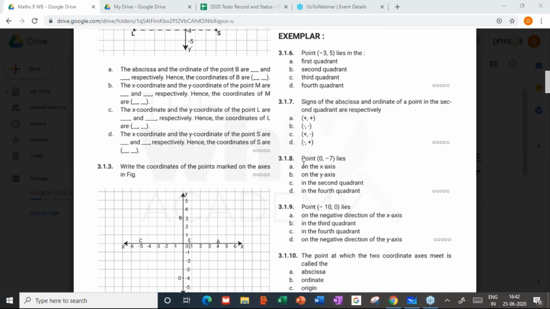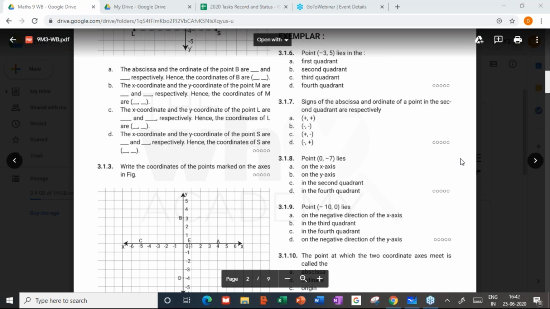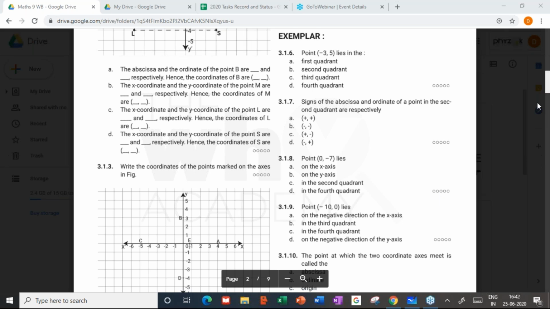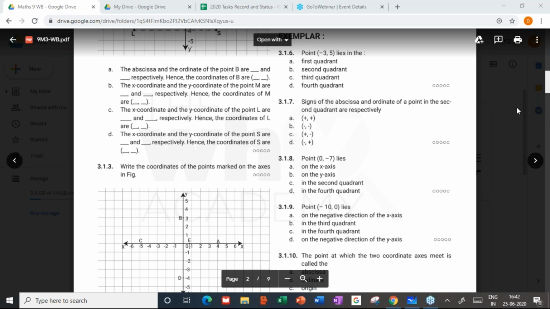What about this one? Point 0, comma 7 lies where? Cool. Puneet is right. You can just type the option name if you want, like A, B, C, D. Don't write the whole thing. Mansi says 4.